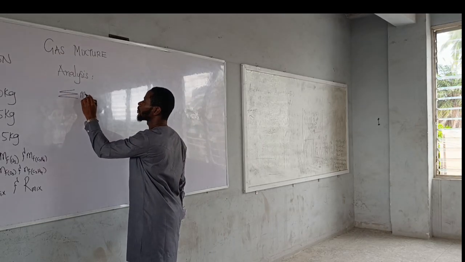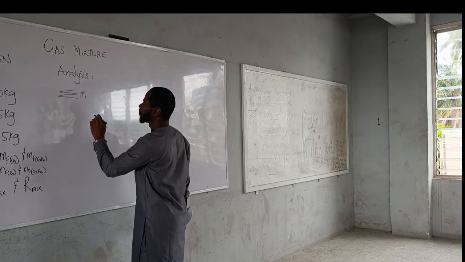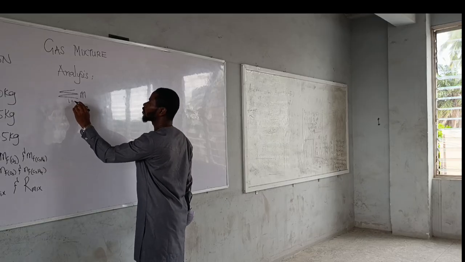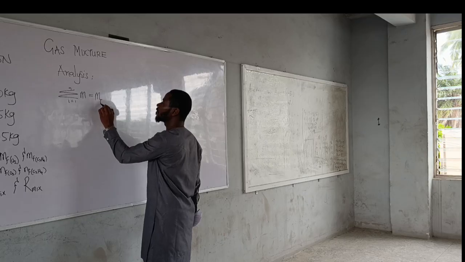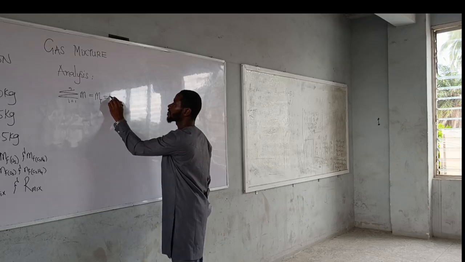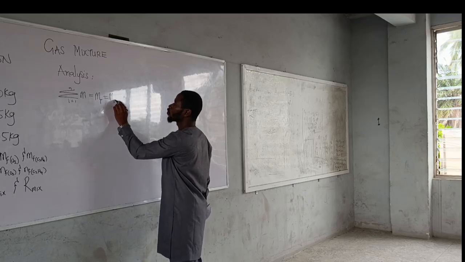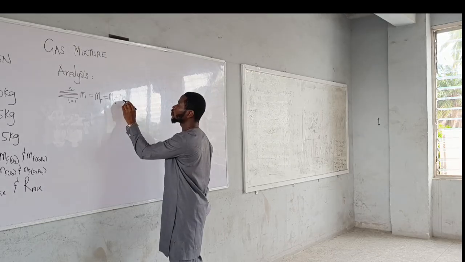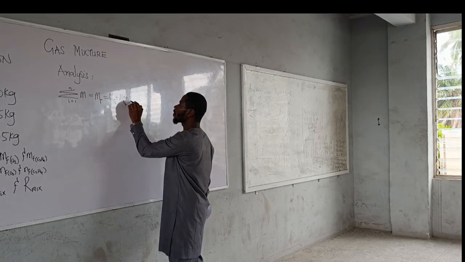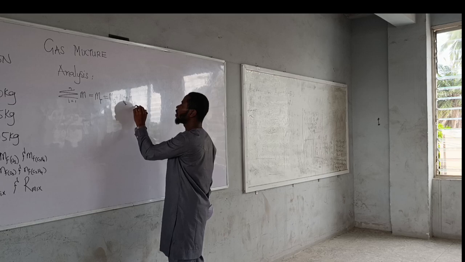The summation of m from i equals 1 to n is the same as M_T, which is the mass of O2 plus the mass of N2 plus the mass of C2H4.